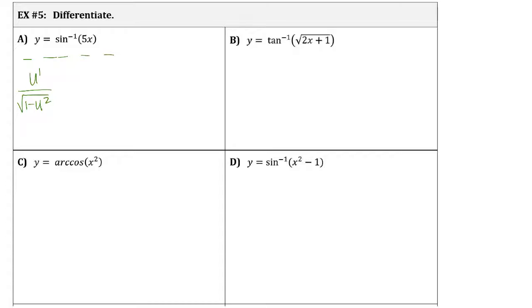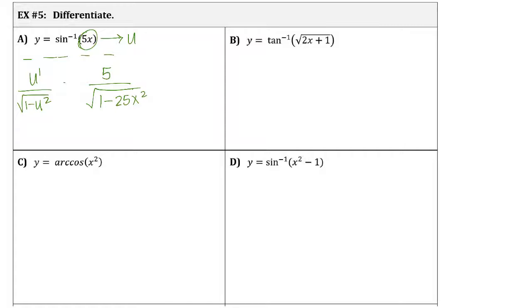Now it does help for us to define what u is, and that's going to be our angle itself. That's going to be our value for u. So then our derivative for this would be the derivative of 5x, which is 5, over the square root of 1 minus 25x squared. And again, that's just substituting straight into our formula.